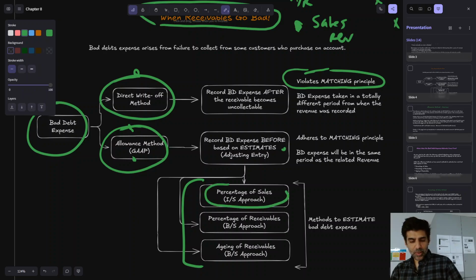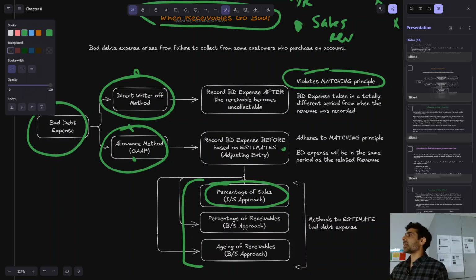The first one we talked about already on Monday. The percentage of sales method: we just see how much sales we generated, either the total amount of credit sales or the total amount of sales, and we apply some percentage to that. Okay, and so it's not looking at what the account receivable balance is.